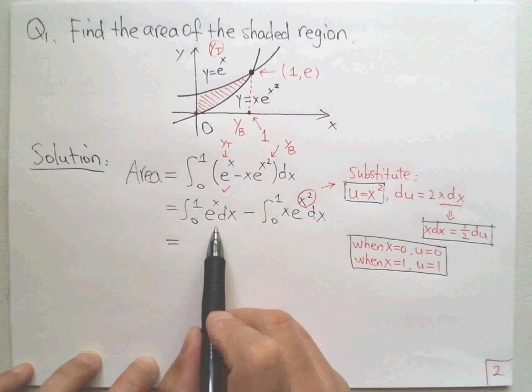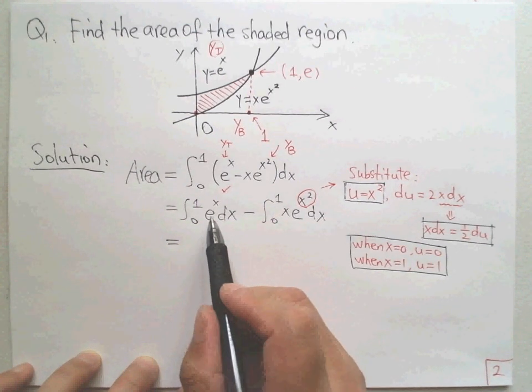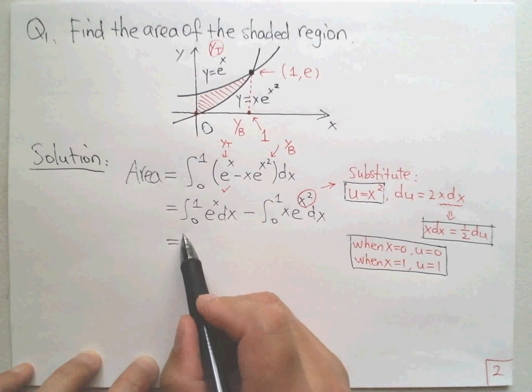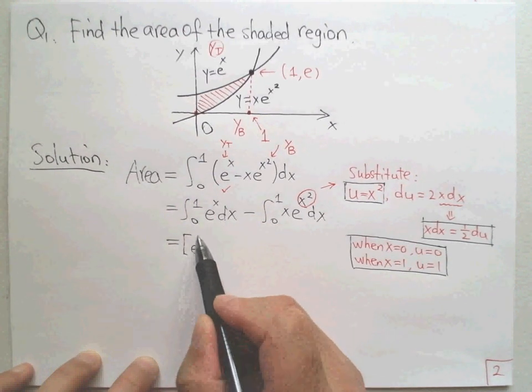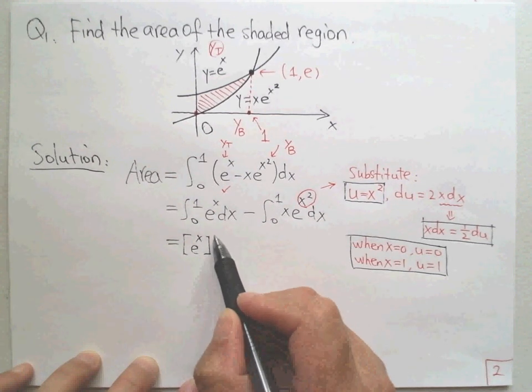The first step we already know; this is fundamental. E raised to the x has antiderivative e raised to the x, the basic formula, and we find the difference between 0 and 1.